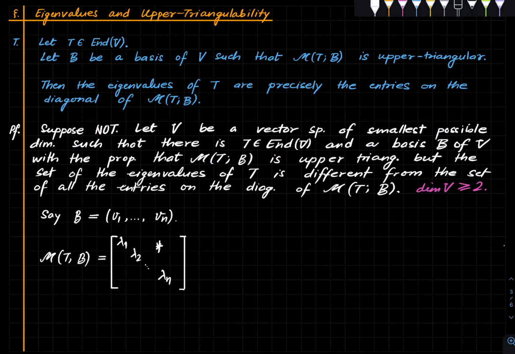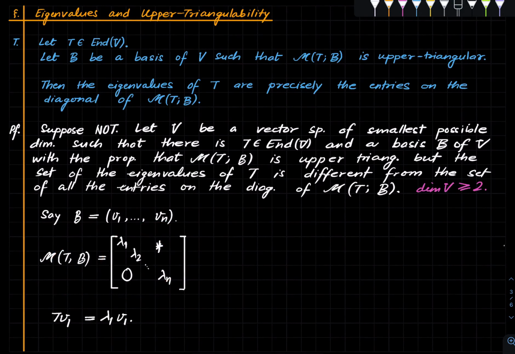Above the diagonal there is something, below the diagonal everything is 0. On the diagonal the entries we denote by lambda 1 up to lambda n. So note that T v1 is therefore lambda 1 v1, just immediate by this matrix representation.